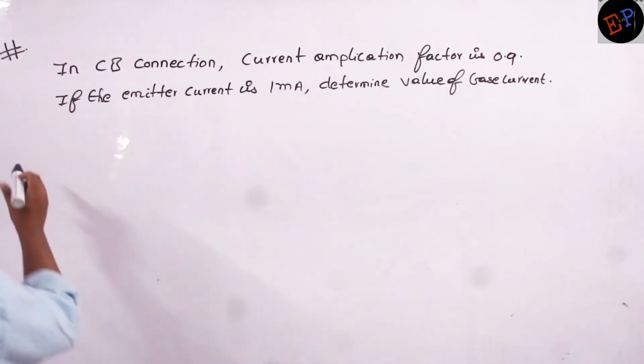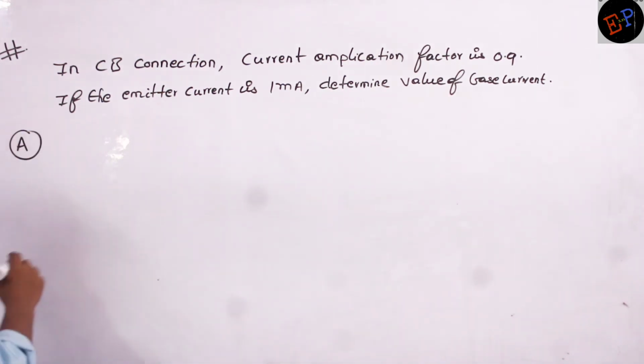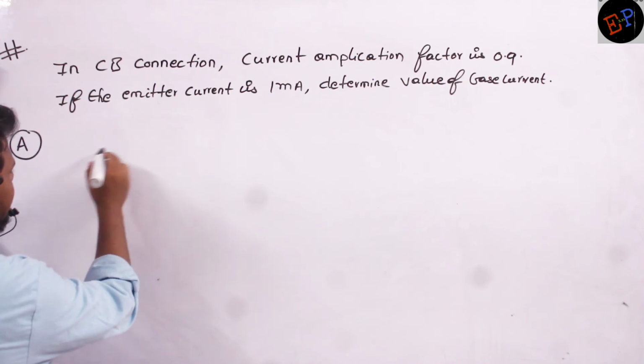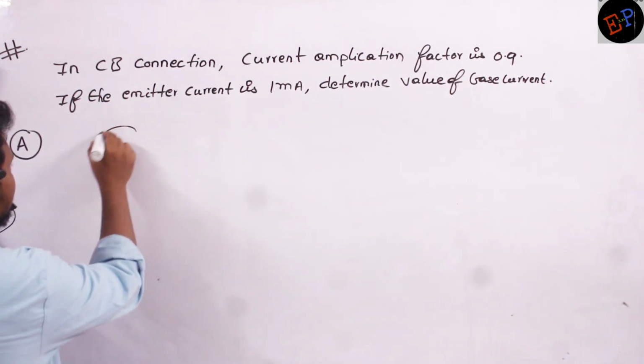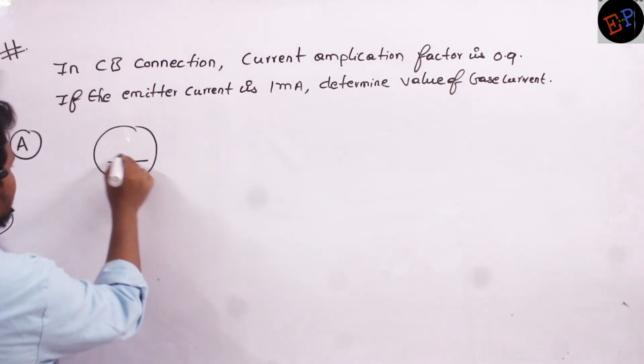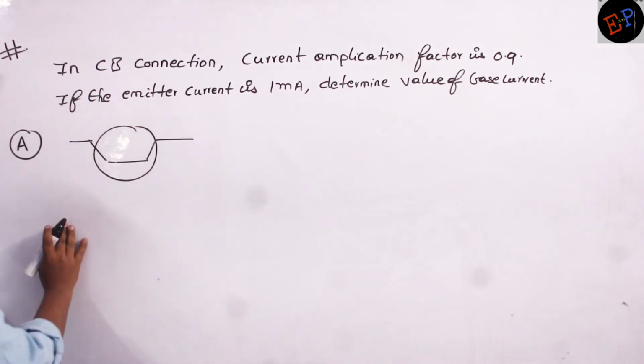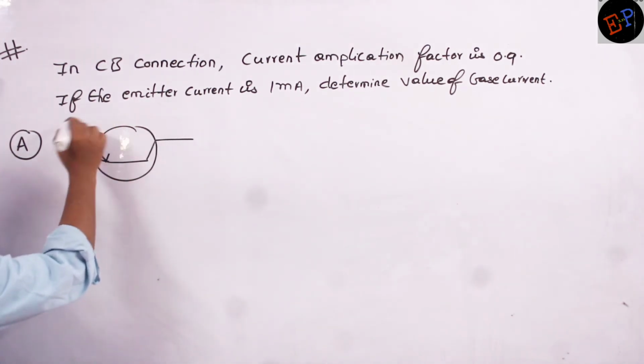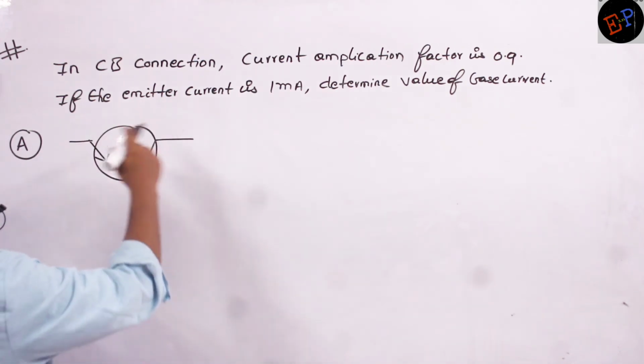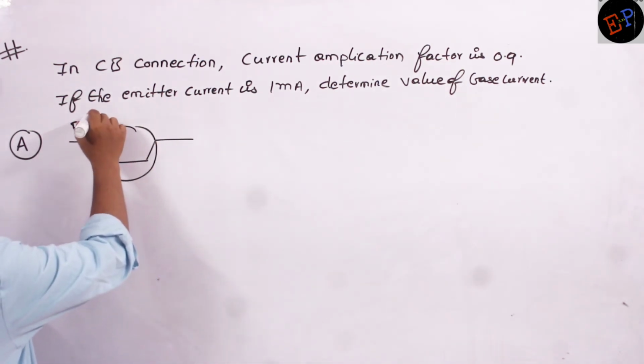This is one question. In CB configuration, CB means common base. Immediately, this is the diagram which you should draw. Clear? What type of transistor he did not give, so I will take it as a PNP transistor.